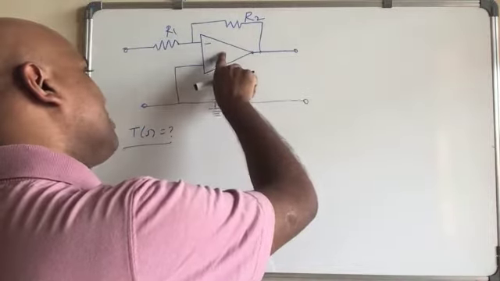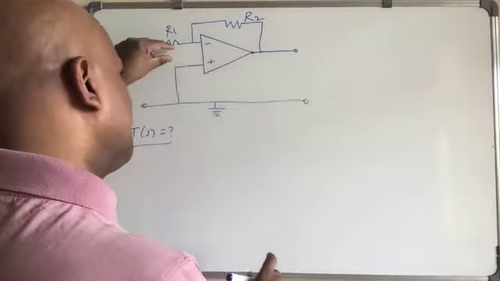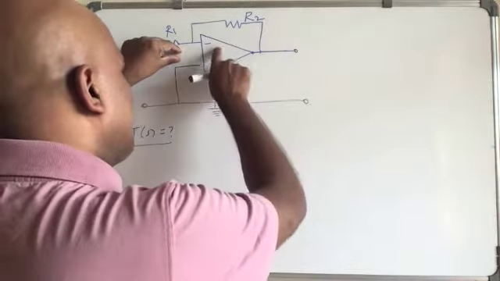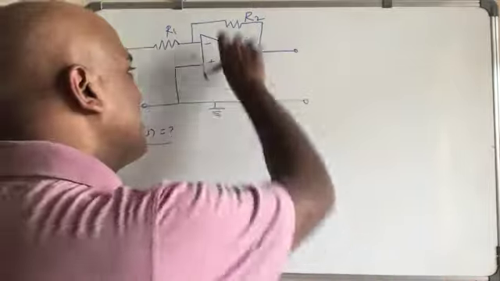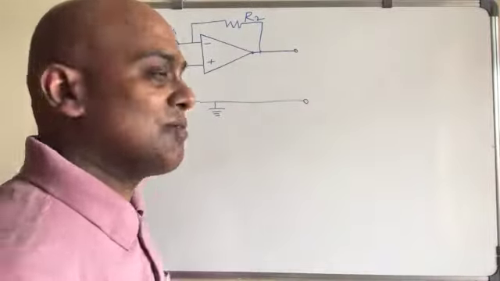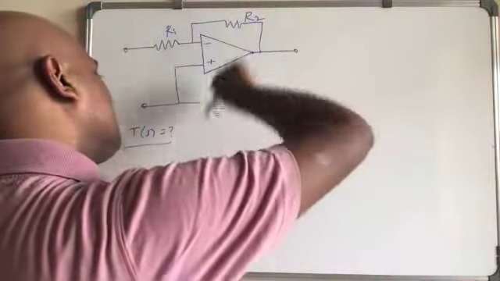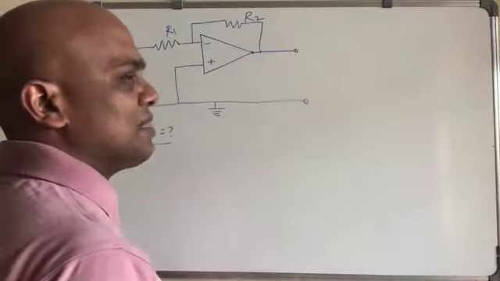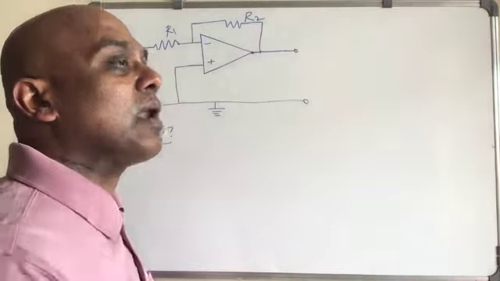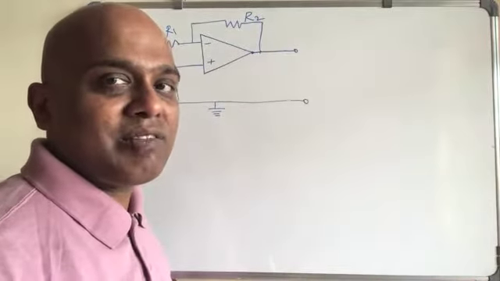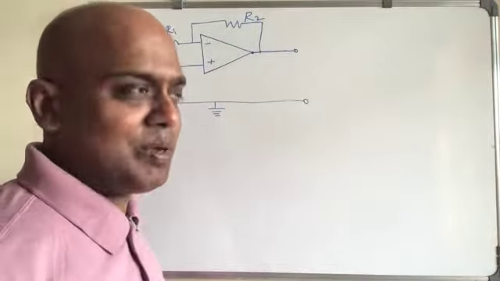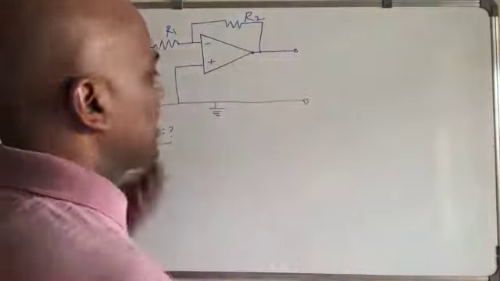Of course, for the op-amp itself, the difference between the two multiplied by K is like this, but we are not talking about that. We are talking about how we can change this transfer function. If you want to make it 1, for example, meaning output equal to input, then how do you do it?